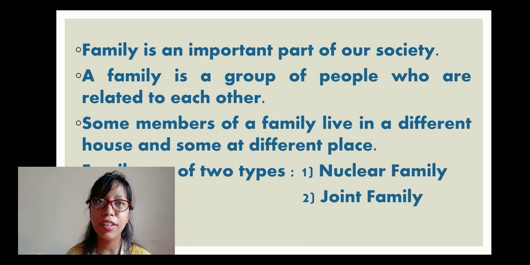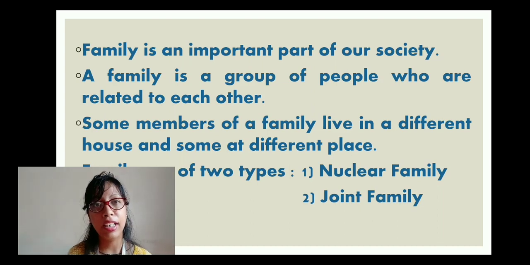So this is also a family. Some members of a family live in a different house and some in a different place. Family doesn't mean the members have to live in the same house. They can live in another place or in another house, but they are related to each other.